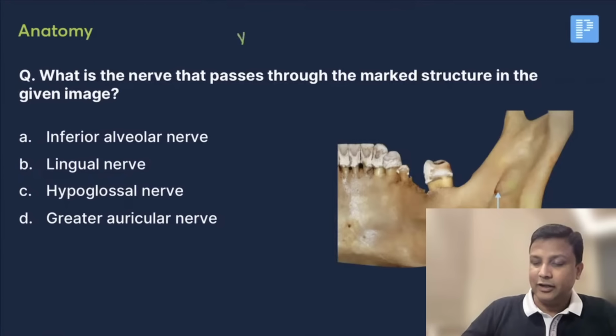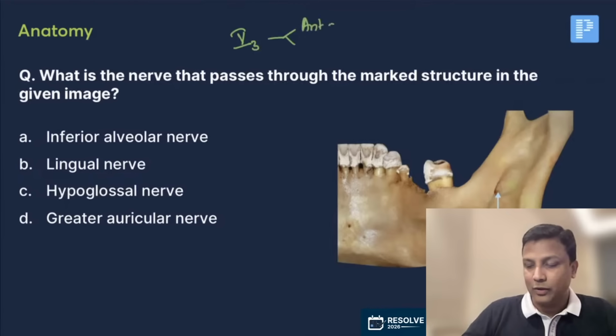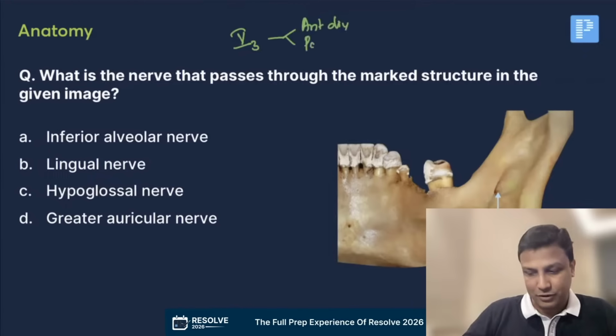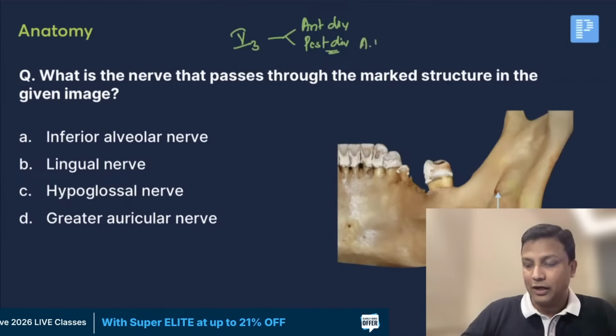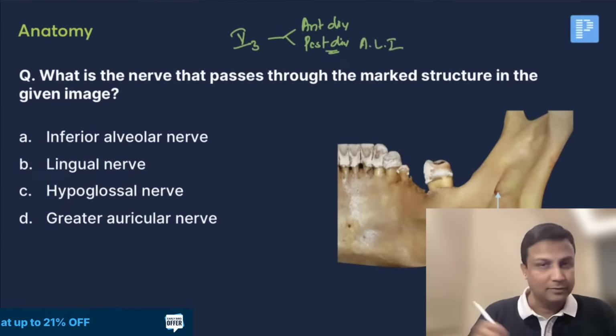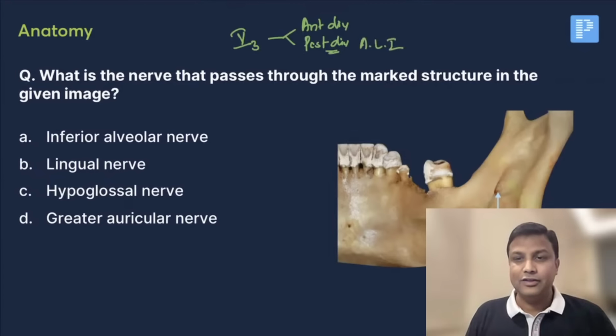I was shouting like anything there. Mandibular nerve will be dividing into two divisions. One is your anterior division, another one is posterior division. And I said that the posterior division will give rise to three branches. Almost in every session I was telling you, mandibular nerve will give rise to ALI branches.